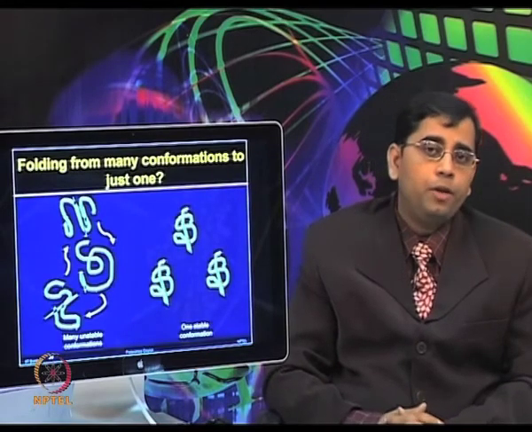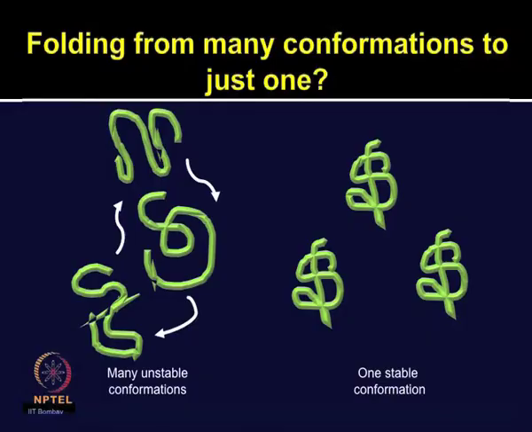So, how does folding occur from many conformations to only one form? The particular sequences along the polypeptide backbone impose key restrictions. The various properties of the side chains which we talked about in the previous lecture, including size, hydrophobicity, and ability to form hydrogen and ionic bonds, all of these govern this process.